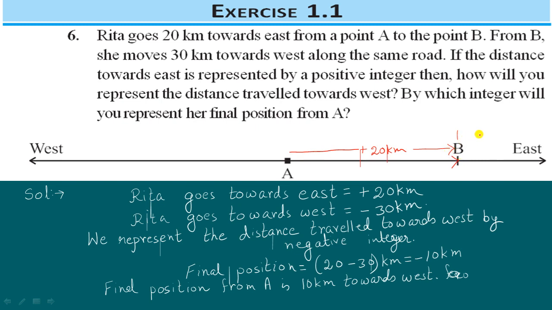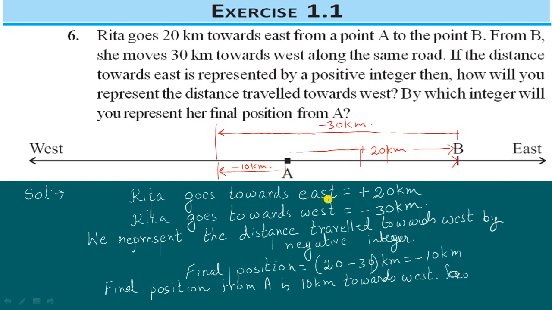And minus 30 kilometer, that means from here we will represent it up to 30 kilometer. See here, it is represented as minus 30 kilometer. Therefore, the final position, suppose this one. Now the final position is this one from here to here, and that is represented by minus 10 kilometer. Right, 10 kilometer. Therefore, final position from A is 10 kilometer towards west.